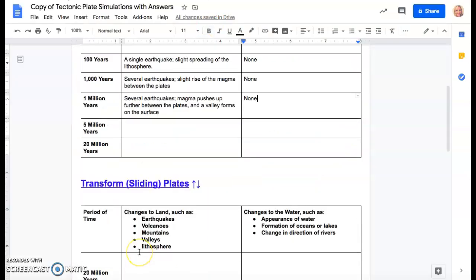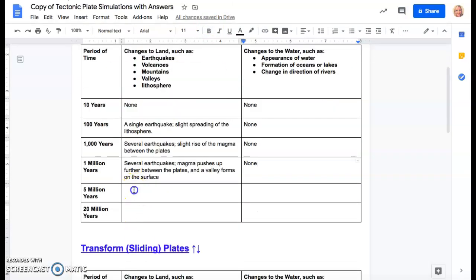So where it says 5 million years, I am going to write many earthquakes. I am going to write that the magma rises to the surface. I am going to say that there is a valley on the surface.